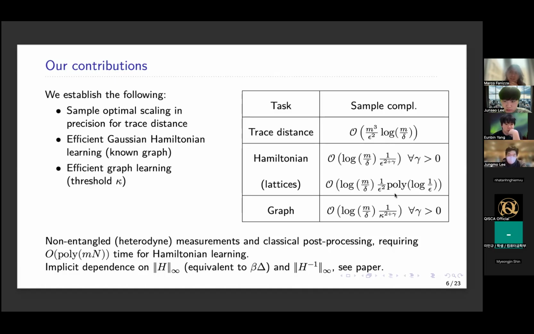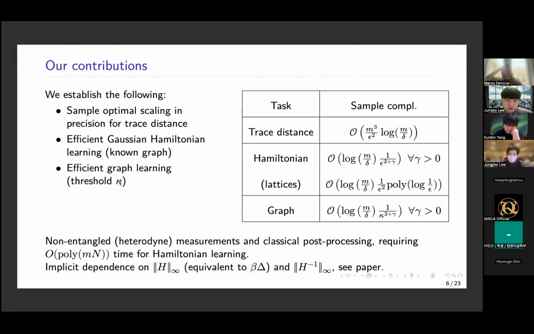There is this formula for general graphs, and for lattices we can improve it to this dependence on epsilon. And then we can also do graph learning with a similar sample complexity, where kappa is now a threshold parameter that we use to tell if an edge is there or not. The measurements that we do in this algorithm are just heterodyne measurements, so non-entangled. And then we use classical post-processing.